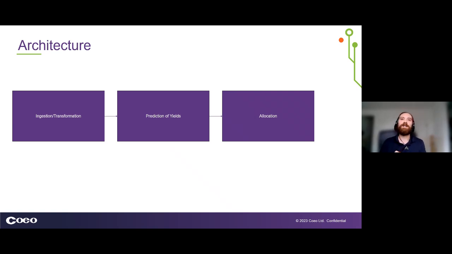So the ML for us is basically around if we have the raw material and we have a product that we want to make, based on the properties of that batch and stock we want to use, we want to be able to make a prediction as to what sort of yield we can expect for that product. And so that's where the ML came in.